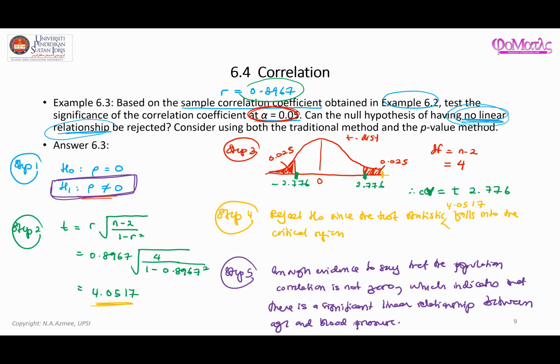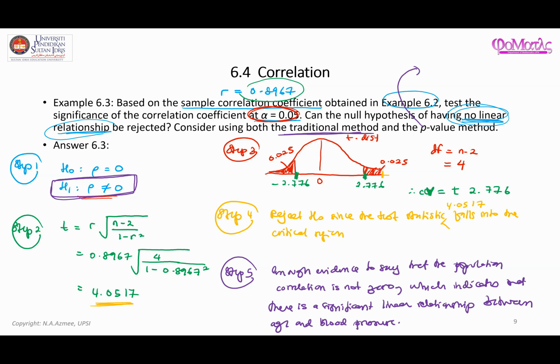All right, I think that's all for solving this question using the traditional method. For the p-value method, I am going to leave it to you to do on your own, but I will state what the p-value is for this problem.